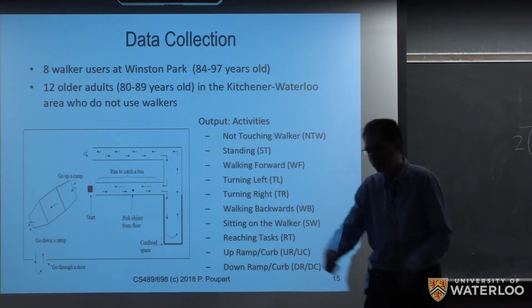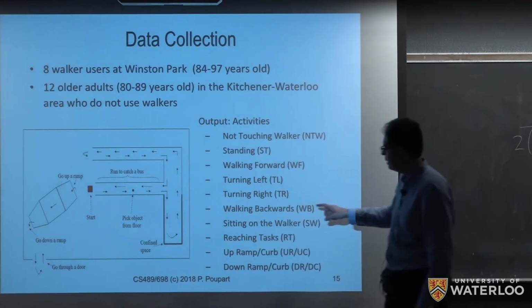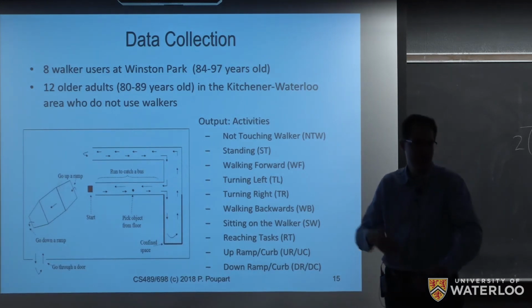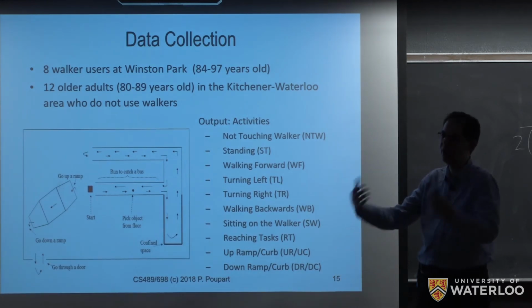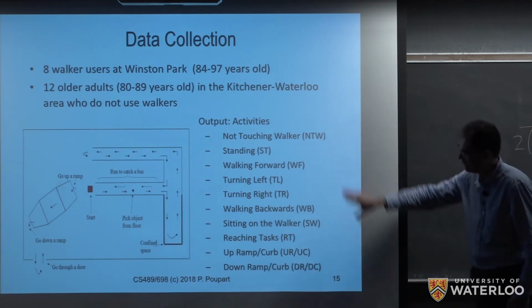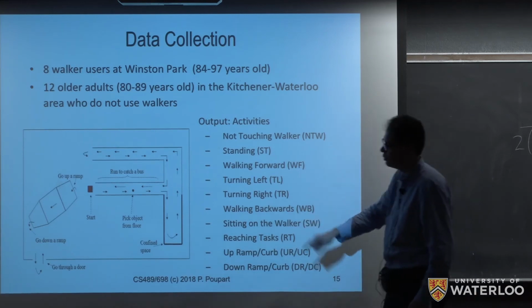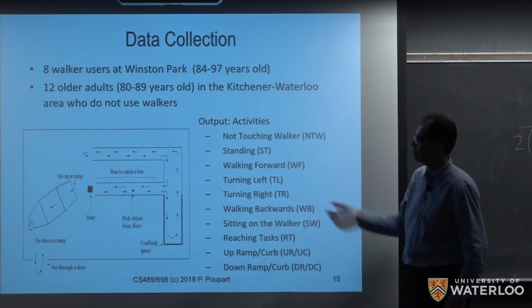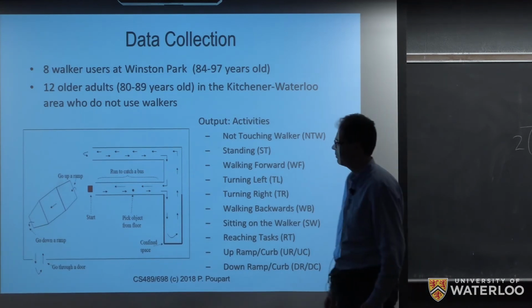Or maybe it's the turn on the other side, or maybe it's when they try to sit on a walker. So we'd like to understand what the triggers are, or at least when a person is more at risk of falling. And therefore, if we can at least recognize what the person is doing at any point in time, then that's a first step. So this was the goal in this work.